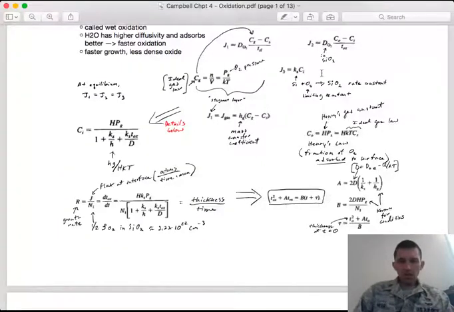And a lot of the constants in these laws, the D's and the K's and the H's, are in this expression rolled up into these A and B constants. So see here, there's the diffusivity and the K sub S and the H sub G, the Henry's law gas constant, and the number of oxygen available.